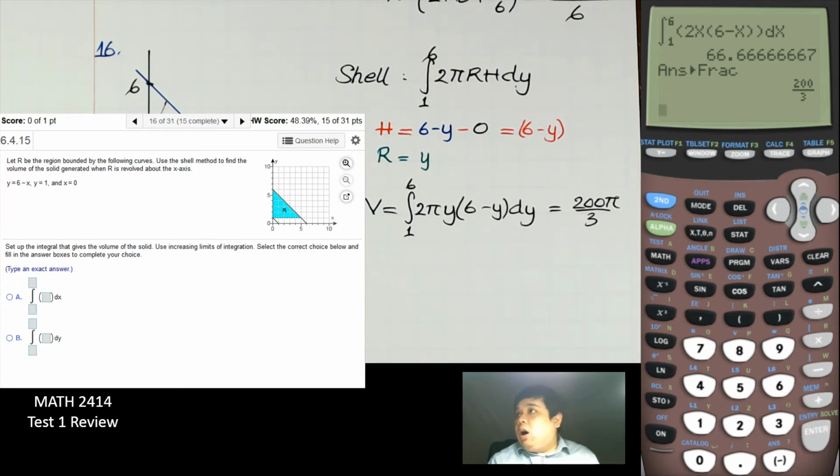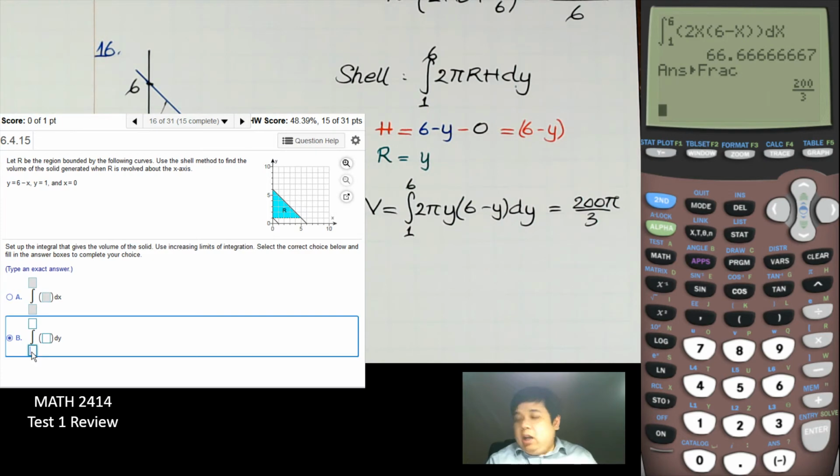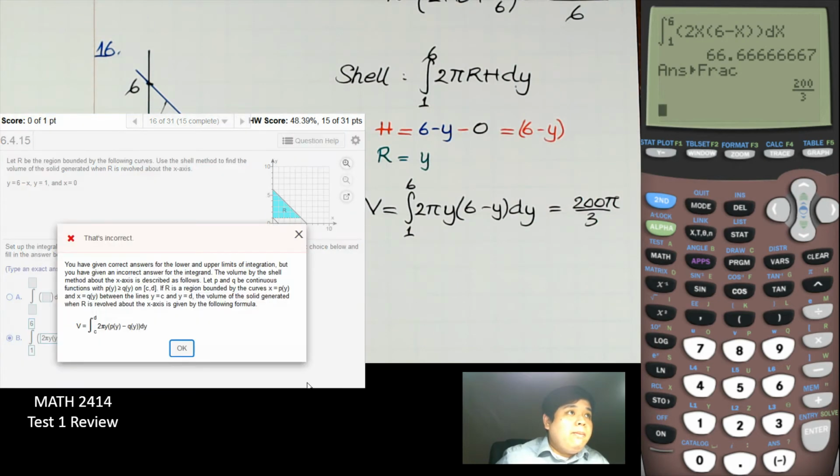Right, the integral will have the dy that goes from 1 to 6. Two pi, y minus 6.